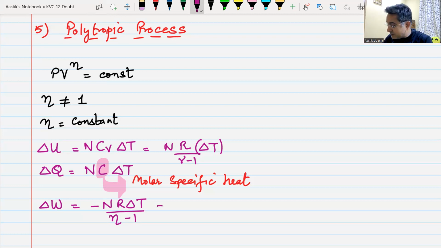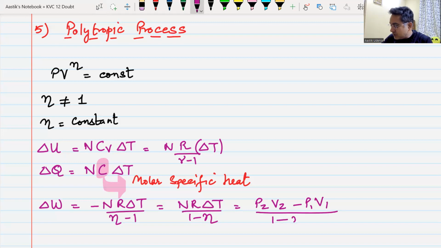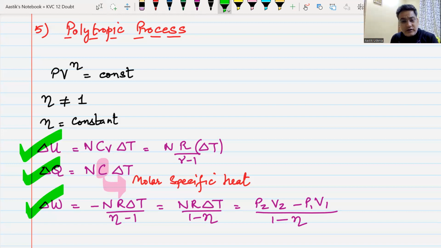I can now multiply the minus sign and write it as nR delta T upon 1 minus eta, or I can write it as P2 V2 minus P1 V1 upon 1 minus eta. So now I know all the three things, and they can only ask you these three things. Once you know these, any process that is given to you in this form can be found out.